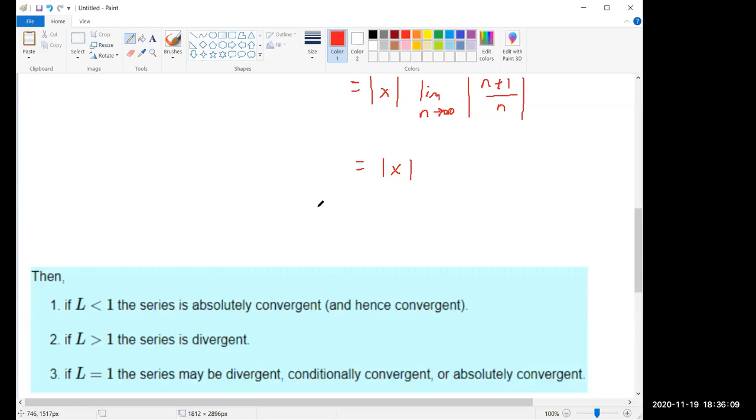Not quite. We're trying to find what X values this power series will converge. But the ratio test says it will only converge if the limit is less than 1. So what do you think that means? Zero to 1? Almost.